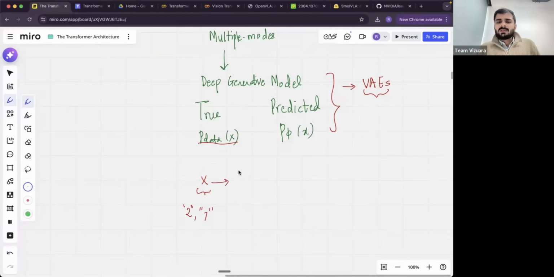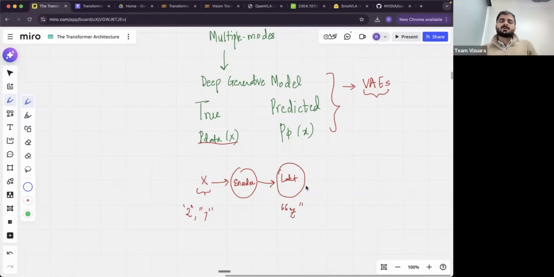So we say that we don't know this, but we will let the model do the job. This is done by an encoder. The encoder takes in these images and maps them to a variable which is called a latent variable. These latent variables are denoted by the symbol Z. So Z is a compact representation of the original images.